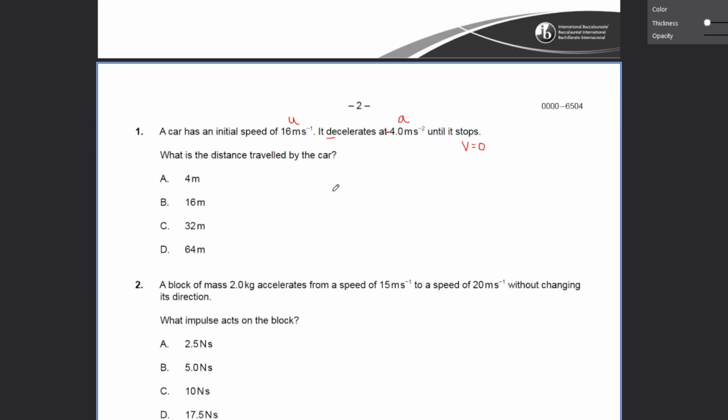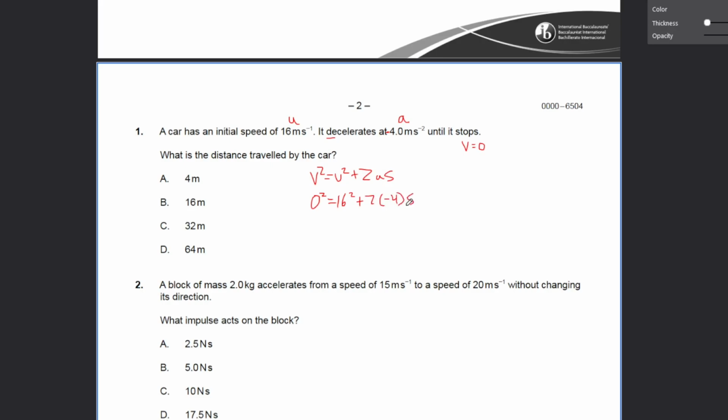So we can use our kinematics, we can use our SUVAT equations. The one we want to apply here is v squared is equal to u squared plus 2as. v, again, is 0. u is 16, and then our a is -4.